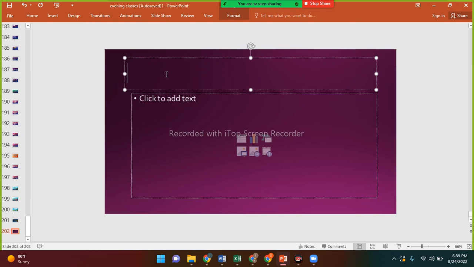So exercise number 1. Area of square applied.